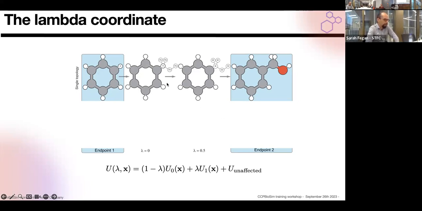So we can mathematically express this using a lambda variable, which at state 0 describes our initial molecule, and at state 1 the final molecule, and anything in between is some kind of interpolation. There are various ways you can actually implement the interpolation, but fundamentally you do need to have a continuous description of the alchemical transformation to be able to implement this.